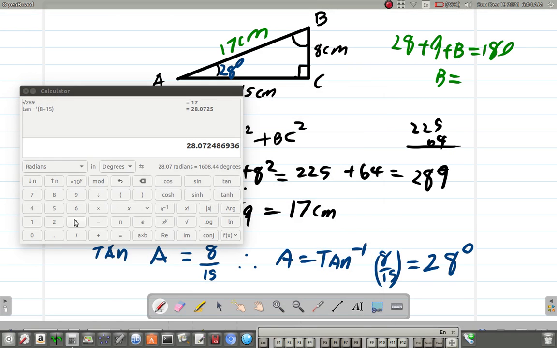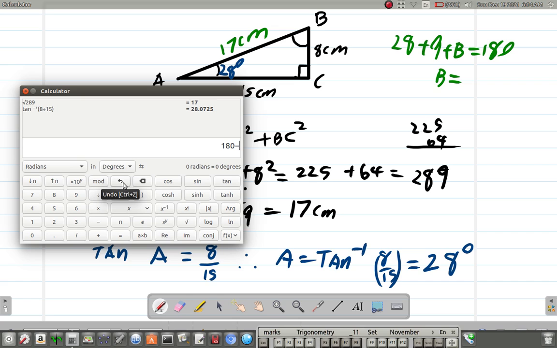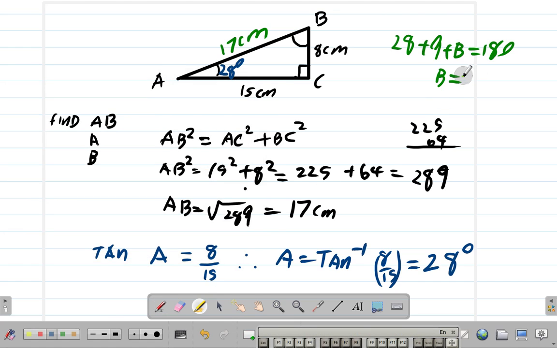So 180 minus 28, when we transpose, what we would have here is 180 minus 28 minus 90.